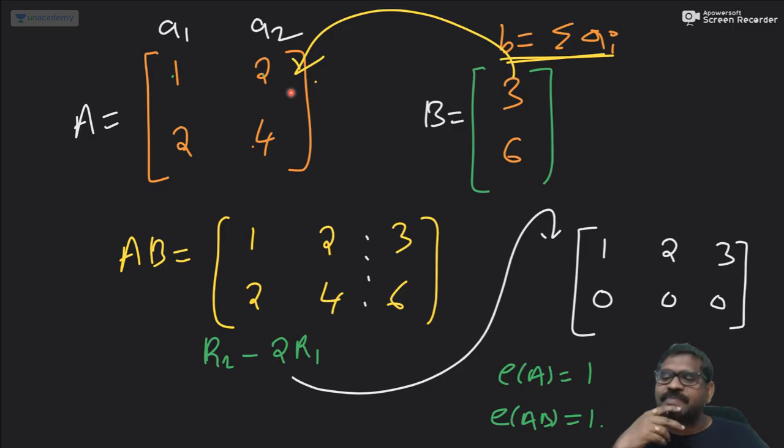If B is depending on A, then rank of A and rank of AB are equal. Understood?